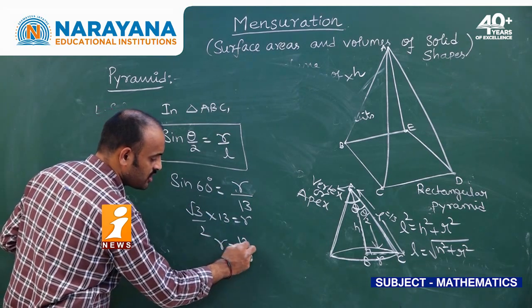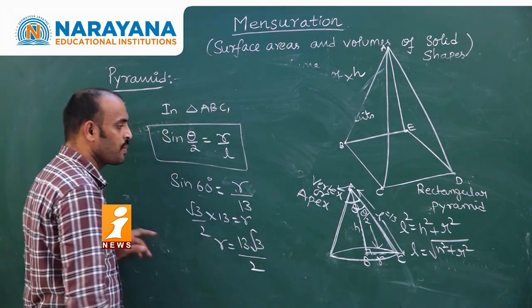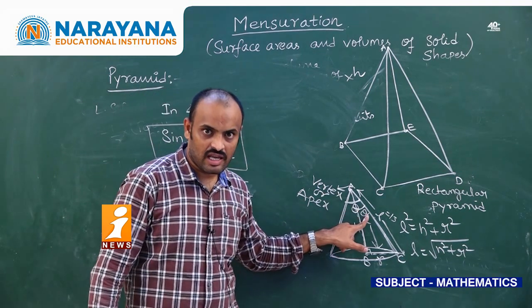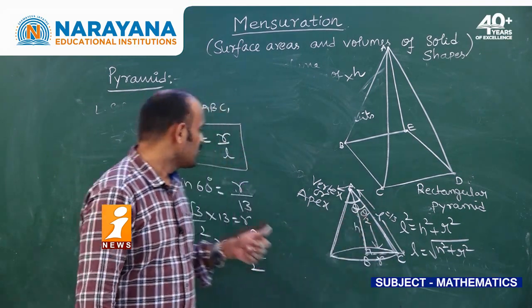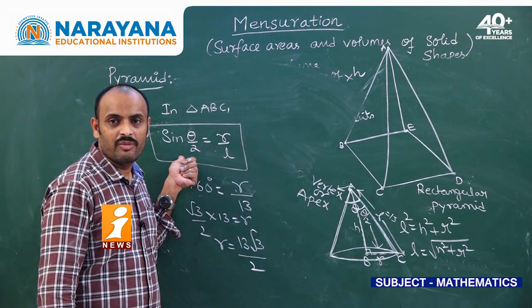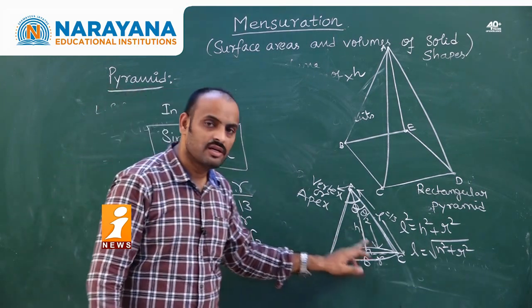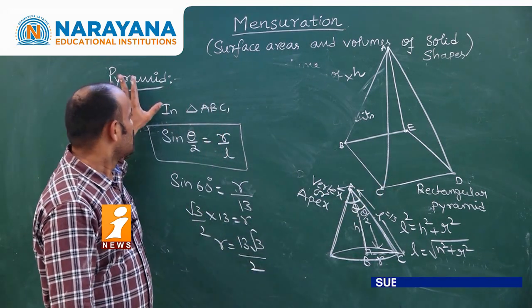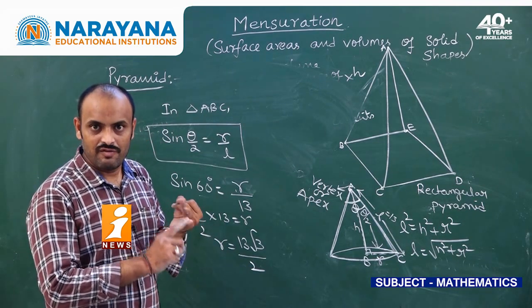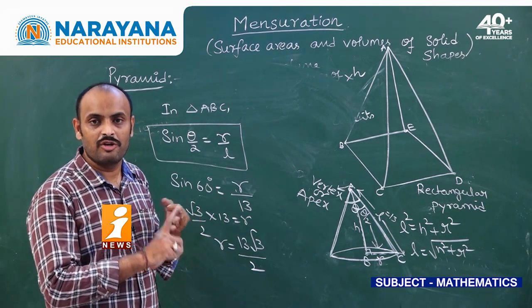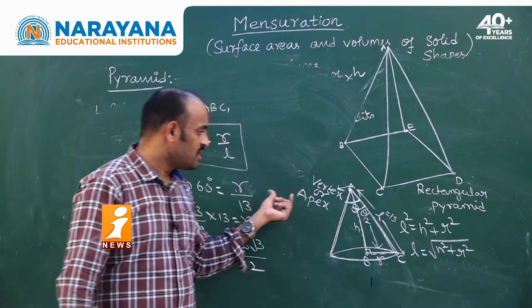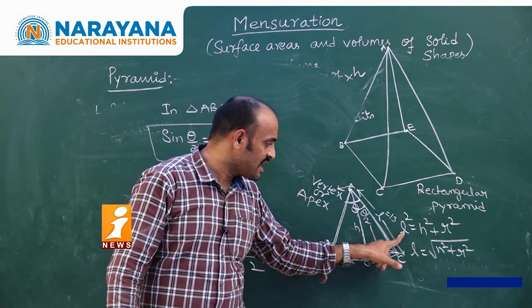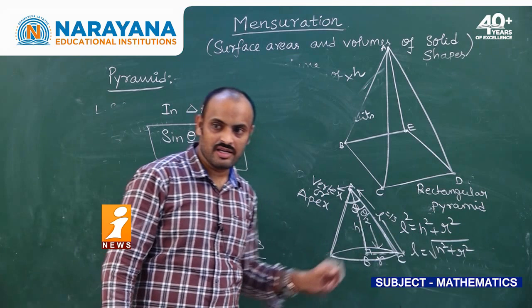We got R or not? That means, if they give you the semi-vertical angle and one of the dimensions, we need to use the trigonometric ratios to find the other dimensions. So we have found out the LSA, the TSA, and the volume, and we have identified the relation between slant height, altitude and radius.